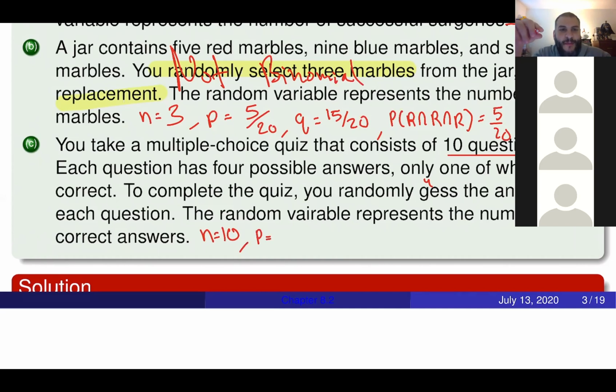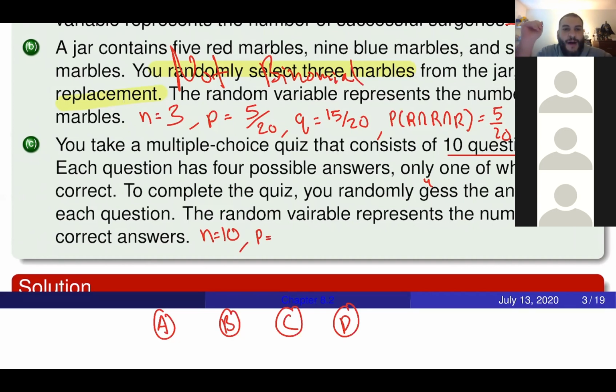When I'm guessing on this one question, you have A, B, C, and D. So how many options do I have to guess on? Yeah, you have 4, so that's what you divide by.